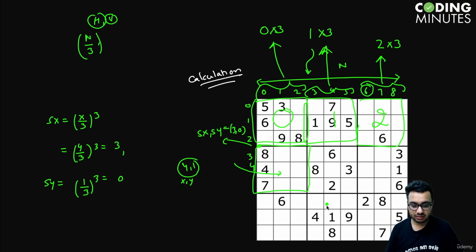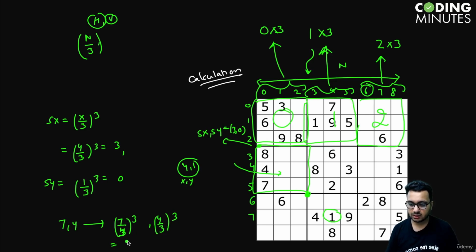Let us try for this particular cell. This is 5 6 7, so this should be the starting point. This is 7 comma 4. So let us find the starting point for 7 comma 4. What we do is 7 by 3 into 3, and 4 by 3 into 3.